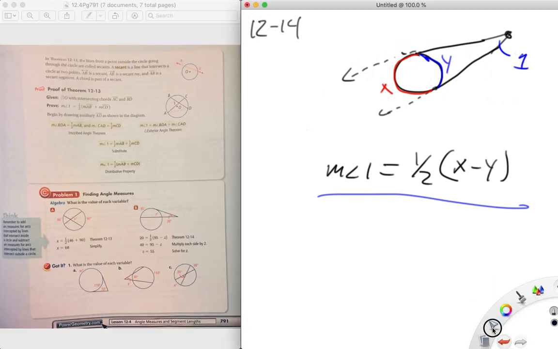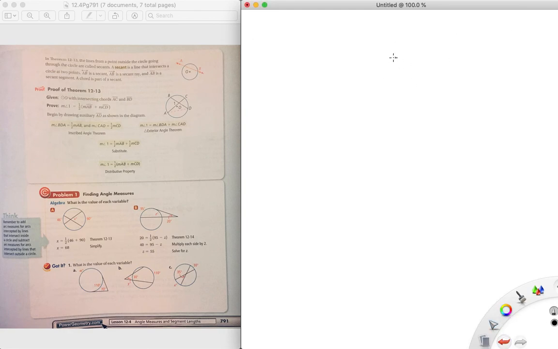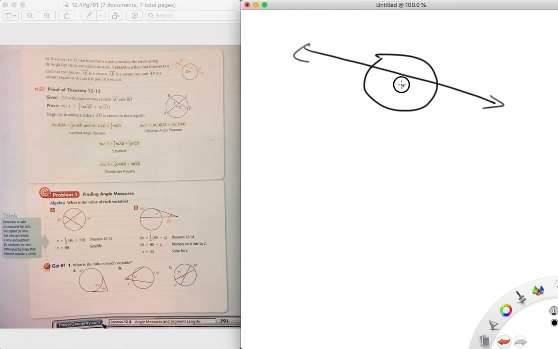And we were talking about a line that goes through a circle. So if we have a line that goes through a circle, let's say this is circle O, and they intersect at 2 points like this, we would say that this line is secant. So line AB is secant.